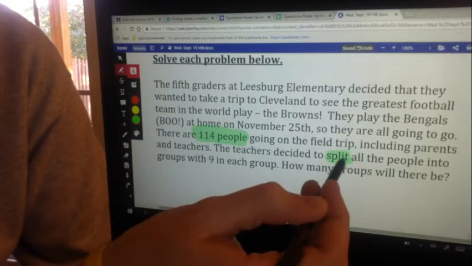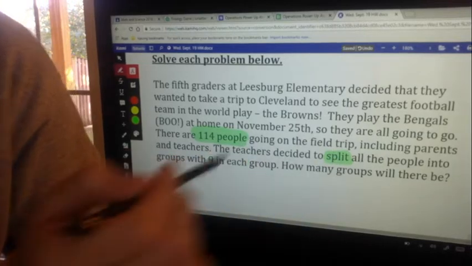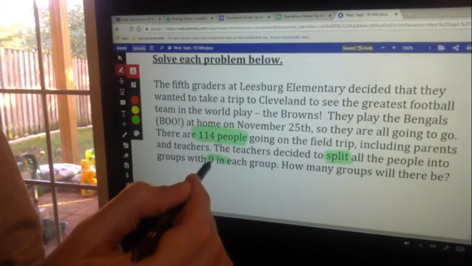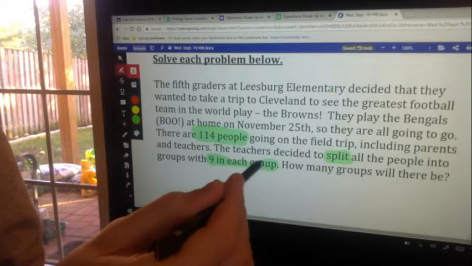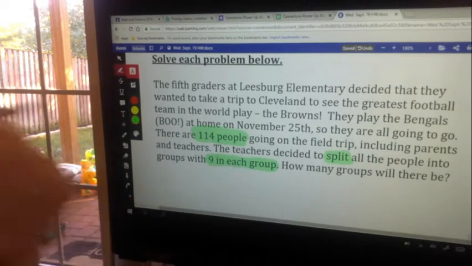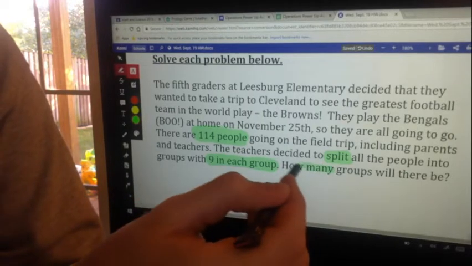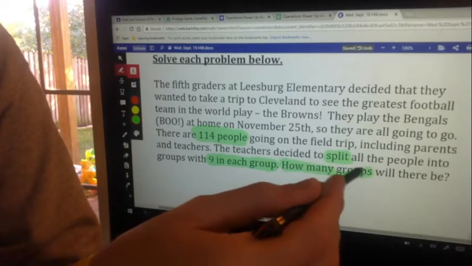split. So we know the students are going to be split up into groups with 9 in each group. So we know there's going to be 9 in each group. So our question is, how many groups? So when we're doing this, what we got to be thinking is, we know how many people there are.